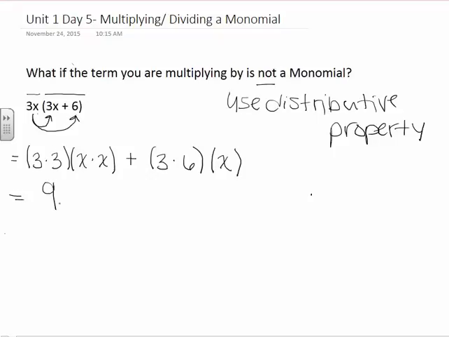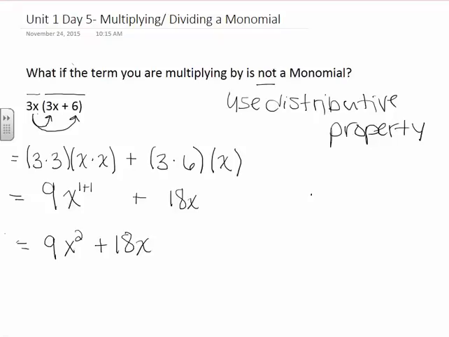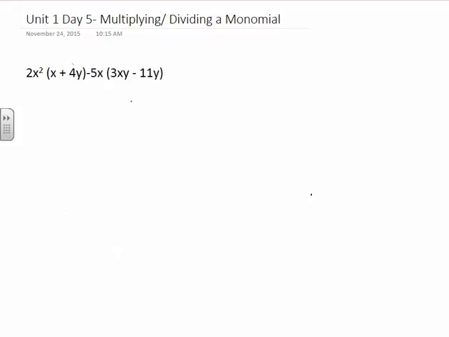And we finish with 9x to the 1 plus 1, plus 18x, which brings us to 9x squared plus 18x. And that is our simplified version of the first question.